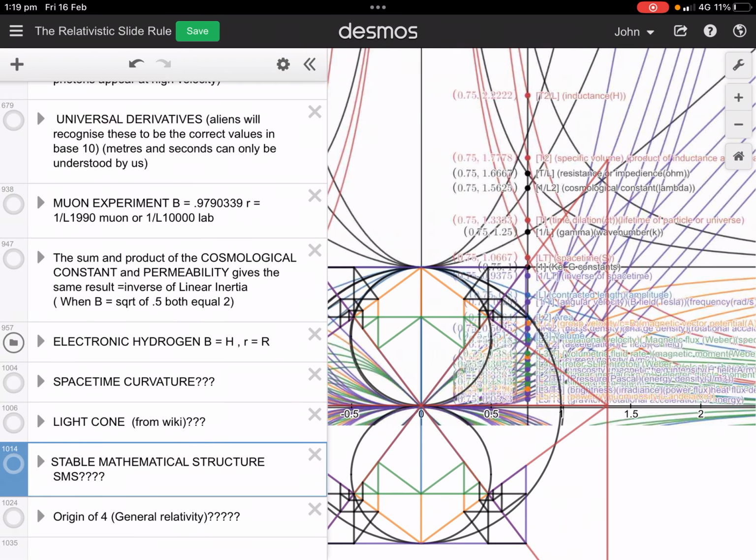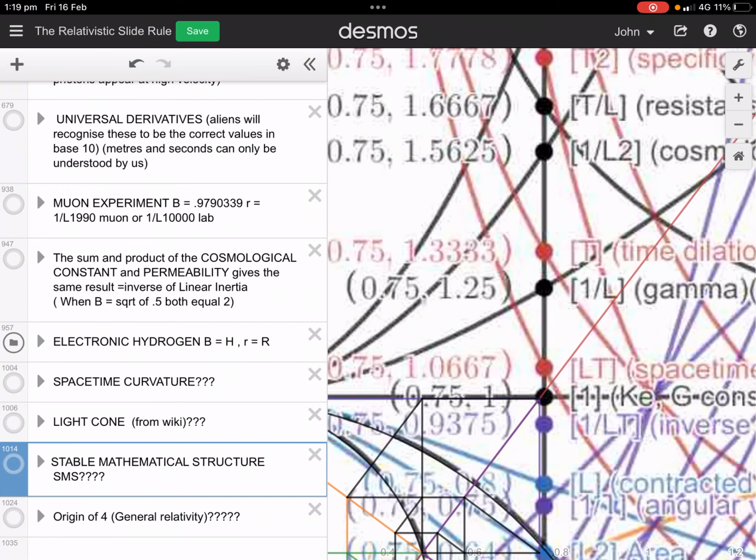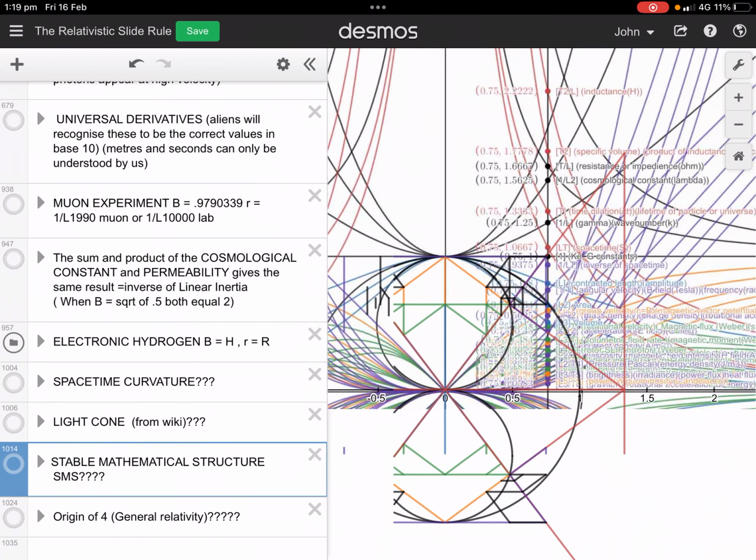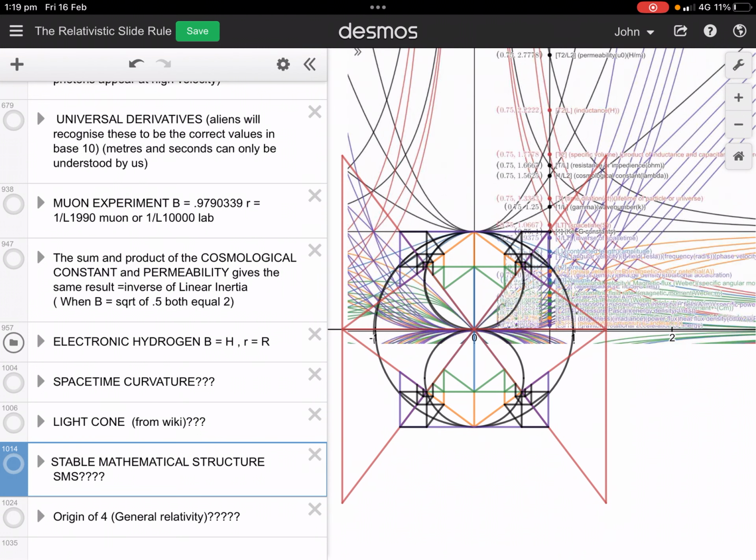That's actually the graph they use for special relativity, and they call that function gamma. They actually call that time, and then proper velocity. And that's just x equals y.